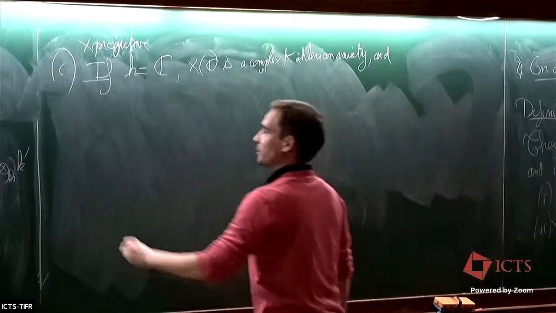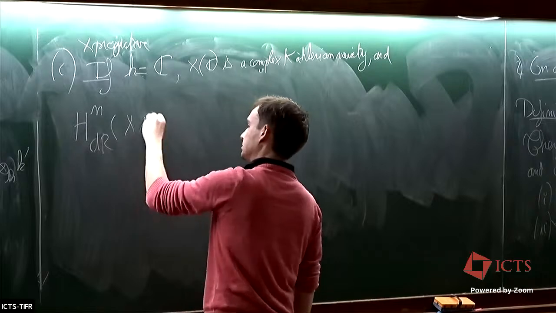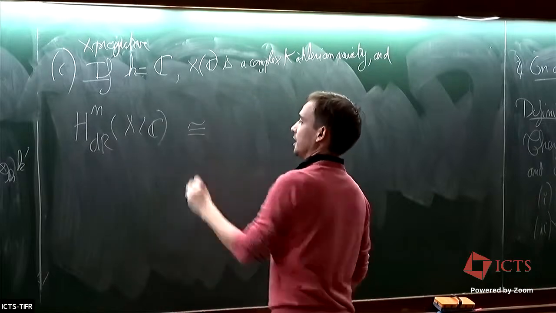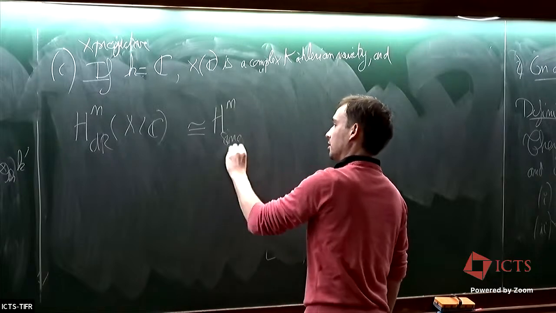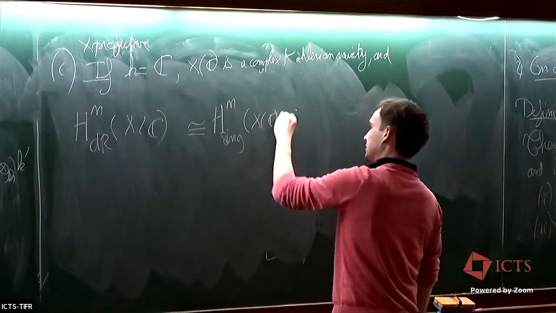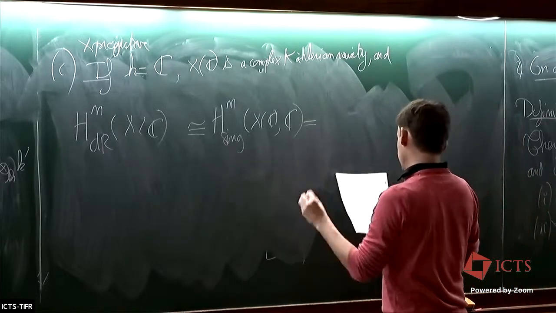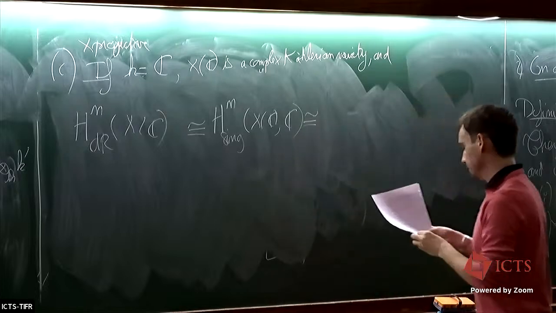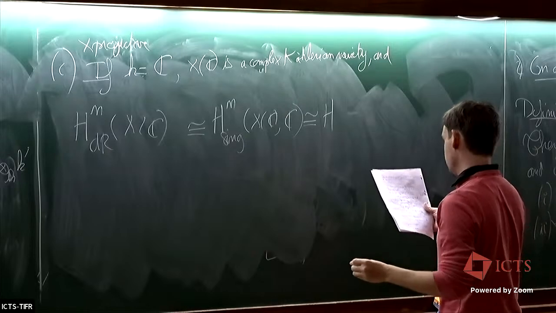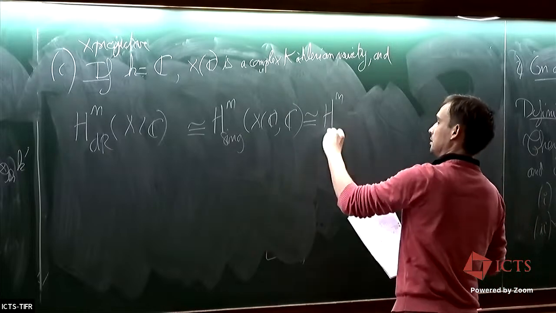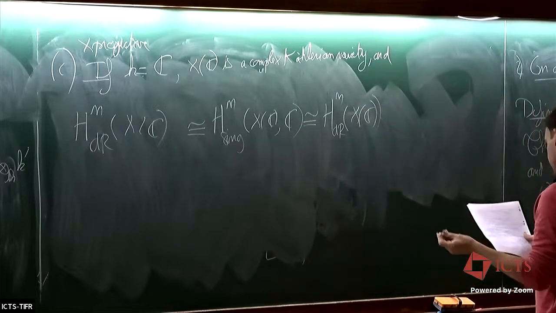And first, I'll explain. This is isomorphic to the singular cohomology with coefficients in C, which is in turn isomorphic to, so I should state this, the de Rham cohomology of X of C as a complex variety.